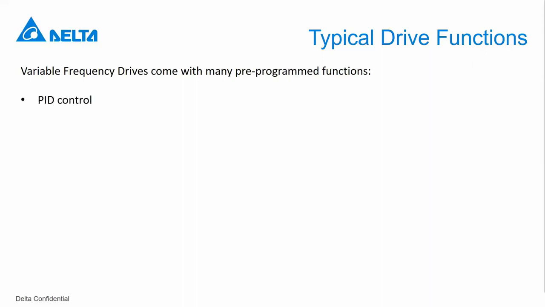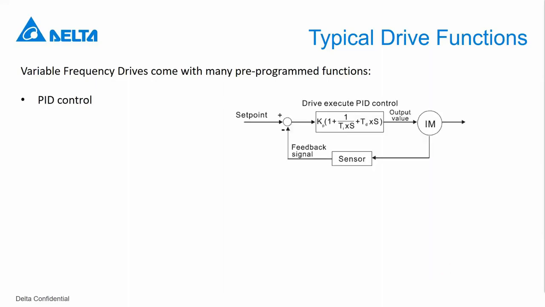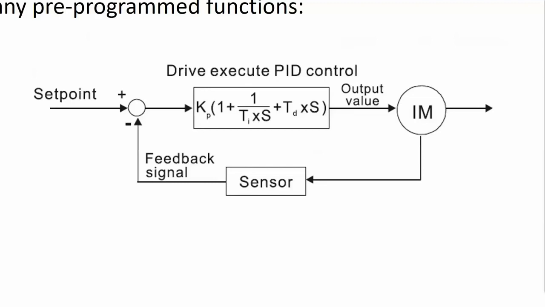So I'll start firstly with the PID control. And this is normally used to control dynamic processes such as flow, temperature, pressure, level, and others. You normally have a feedback sensor that can be 4 to 20 milliamps, 0 to 20 milliamps, 0 to 10 volts, and others.